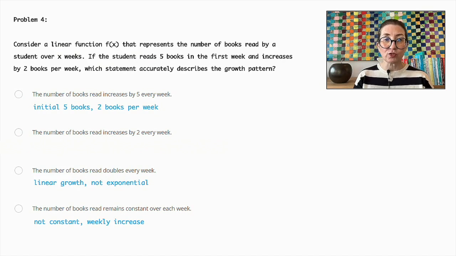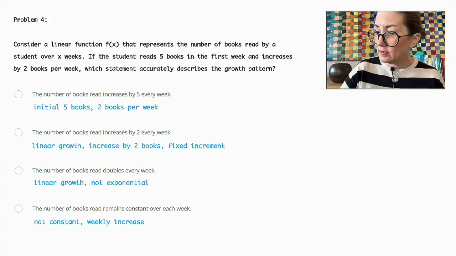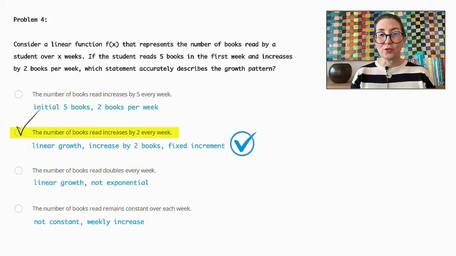The number of books read increases each week. The correct statement is that the number of books read increases by 2 every week. This linear function shows a fixed increase of 2 books per week. So this is the correct answer.